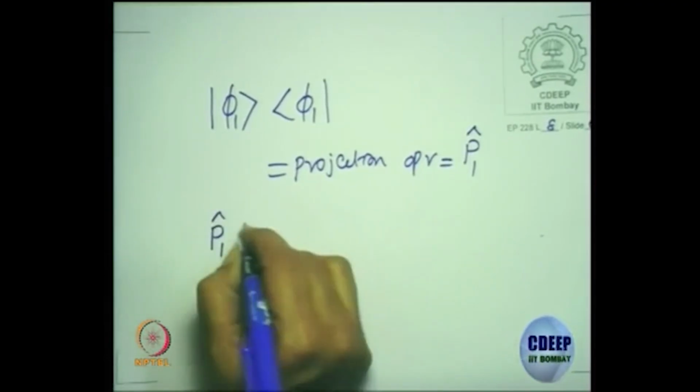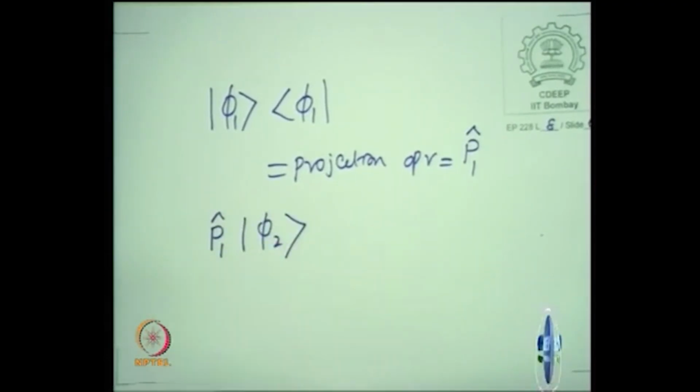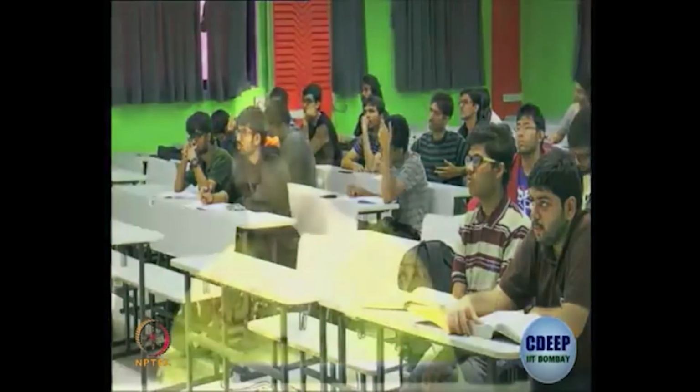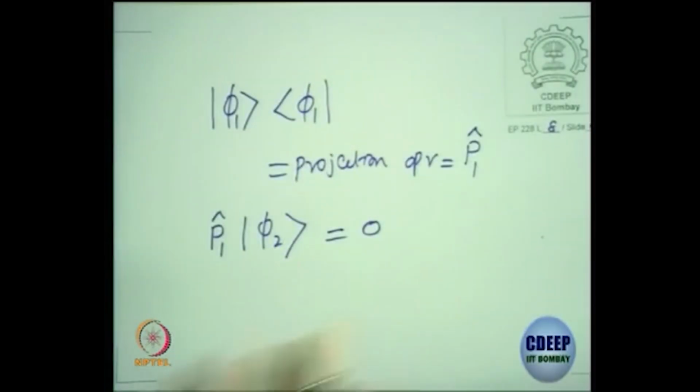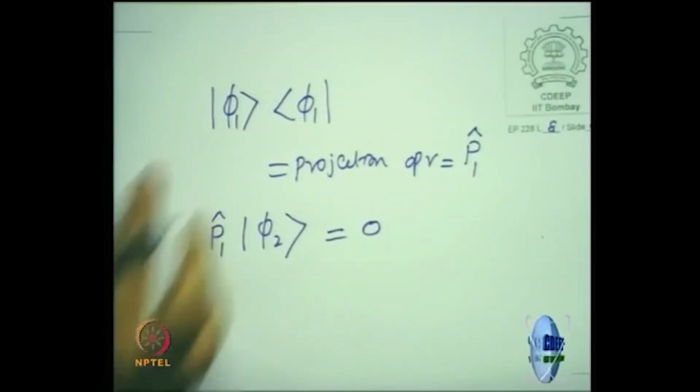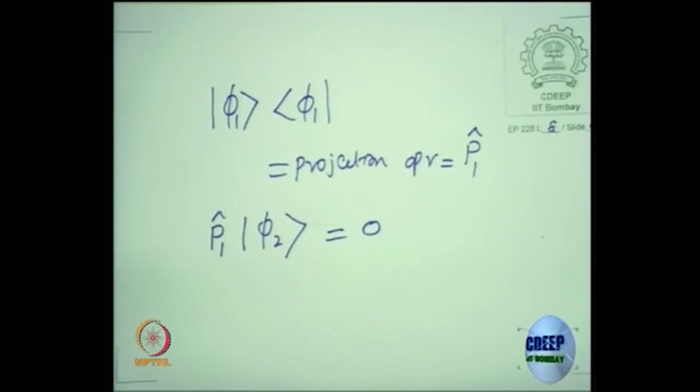P1 hat, suppose I do it on phi 2. What is this? 0 or non-zero? 0. So, that is the definition of a projection operator. If you have n basis set, if you define a projection operator which projects onto a specific basis phi 1, when it operates on the other orthonormal basis, it is going to be 0. That is the definition of a projection operator.